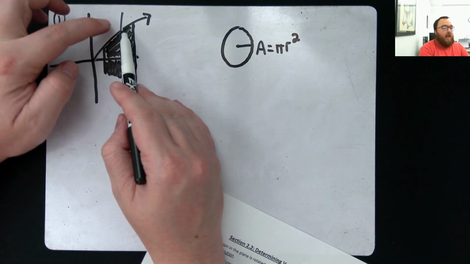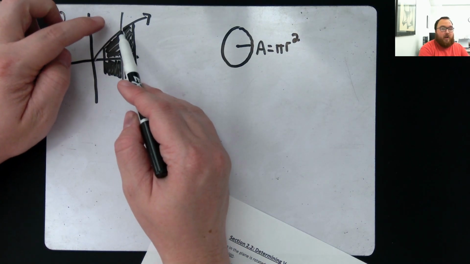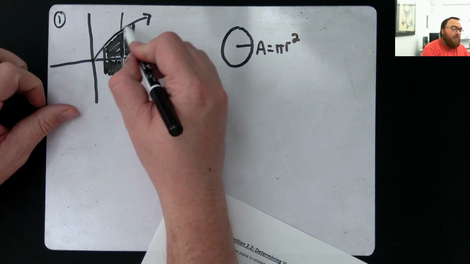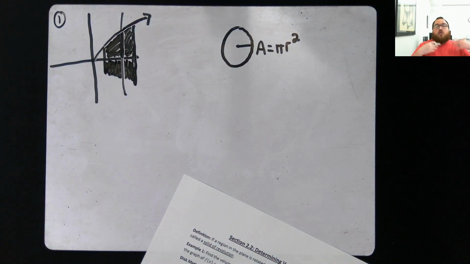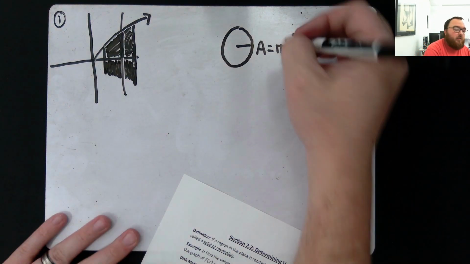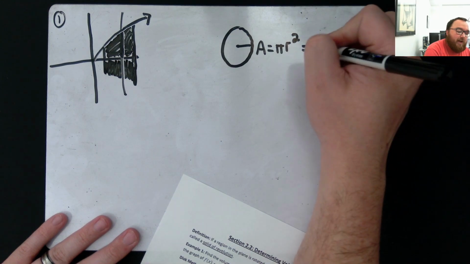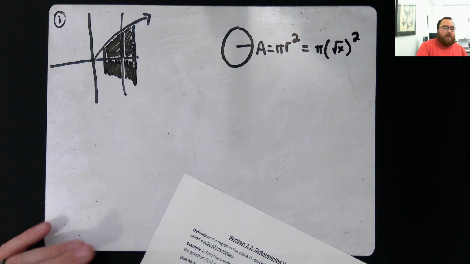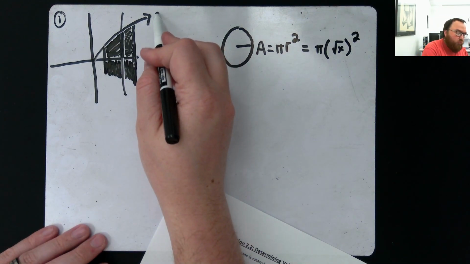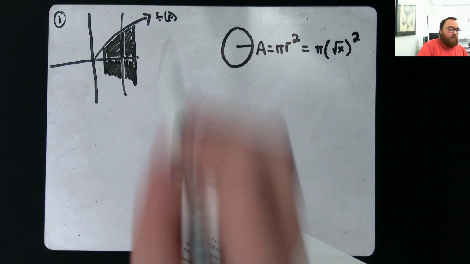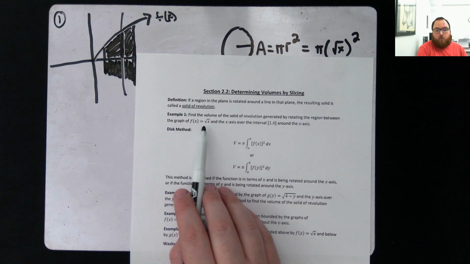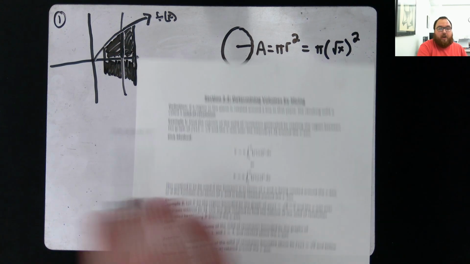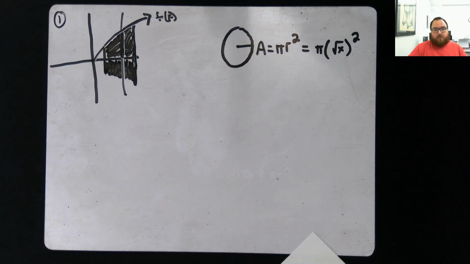And think about it. The height of the graph right here is my line, and my line is square root of x. So the area for each slice is pi times the square root of x squared. Again, because that's what my graph is, right? We're dealing with the graph of f of x, and f of x was the square root of x. So r, in this case, is the square root of x.